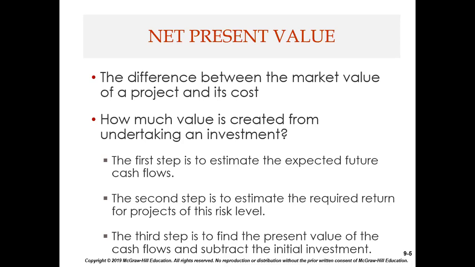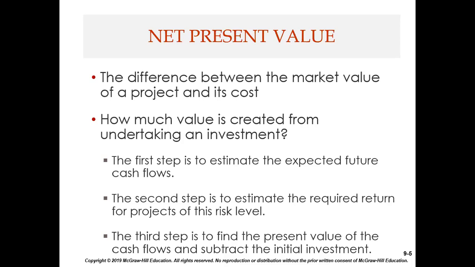Well, the first thing you need to be able to do is estimate your future cash flow from the project. How much cash flow are you going to get over a period of time if you undertake this project, positive and negative? The second step is to estimate what kind of a return we need on this project for a risk level.